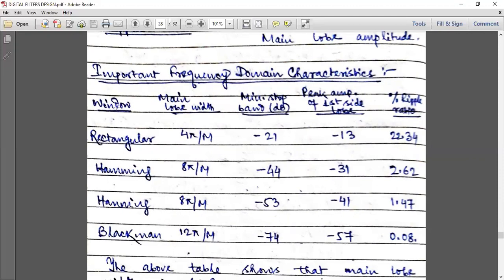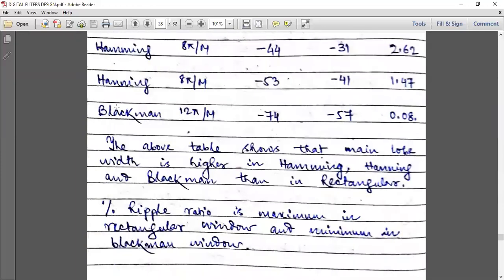And for the Blackman window, the main lobe width is highest, 12 pi by M. Minimum stop band attenuation is minus 74. Peak amplitude of the first side lobe is minus 57, and the ripple ratio is the least, 0.08%. So what does the above table show? It shows that main lobe width is highest in Blackman and lowest in rectangular, and percentage ripple ratio is maximum in rectangular and minimum in Blackman.